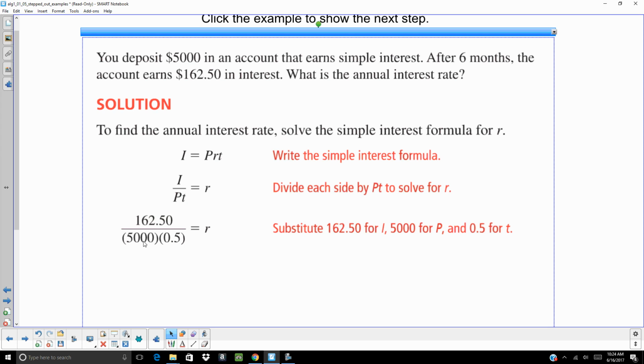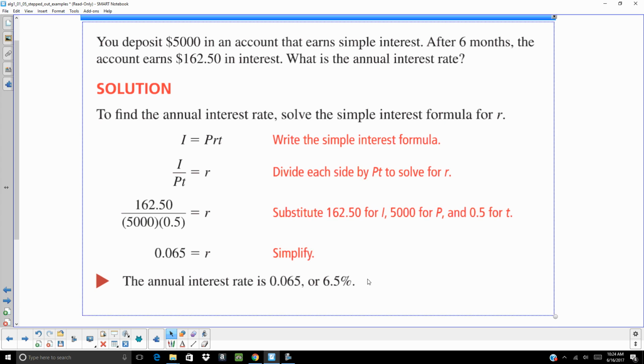We started with 5,000, and 6 months is half a year. That's kind of tricky. You need to take that 6 months and convert it into years. Then it's just a matter of plug and chug. Put that into your calculator. And remember, percentages, you need to move that decimal point. It's 6.5%. And that is a reasonable answer.